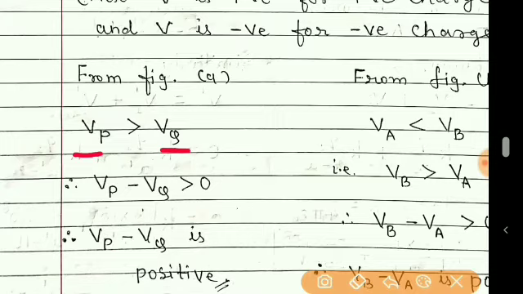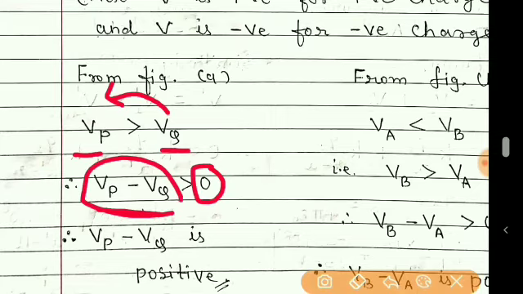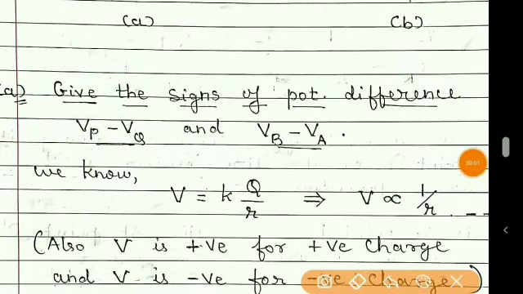And so if we bring this VQ to this side, VP minus VQ is greater than 0. So this difference is greater than 0, which means it is positive. So we obtained the potential difference VP minus VQ, which is positive.